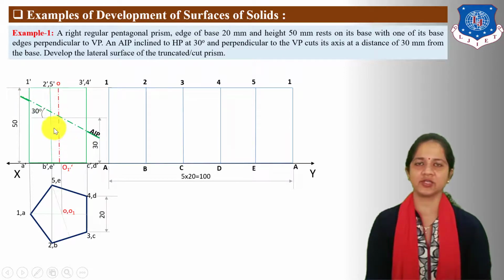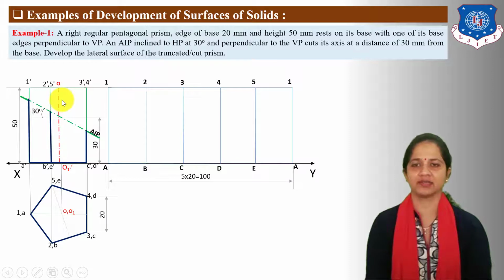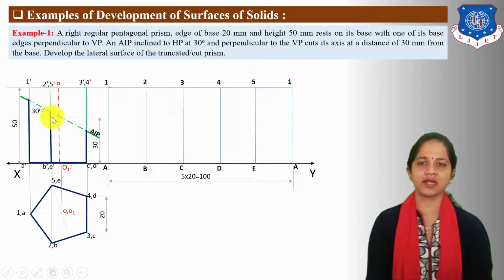After taking the section, draw the lower portion of the front view as a dark line because the upper portion is the cut portion. Next locate cutting points which are cut by the AIP cutting plane. Here all vertical or longer edges are cut by the AIP cutting plane.